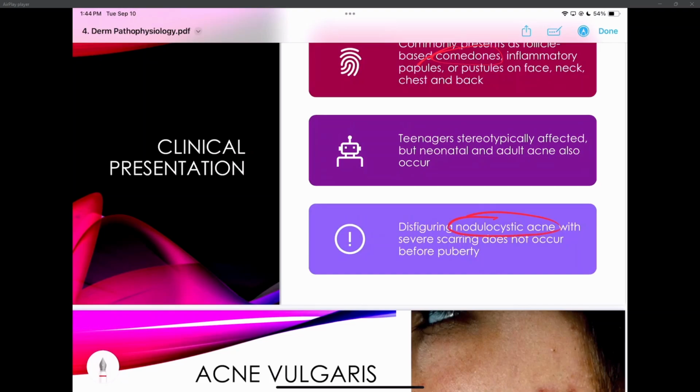That stuff won't happen until after puberty because you need what? What's the main cause of the acne? Anyone know? Which hormone? Close. Just androgens, just your androgens that form. Testosterone is the weaker one. That causes the acne.